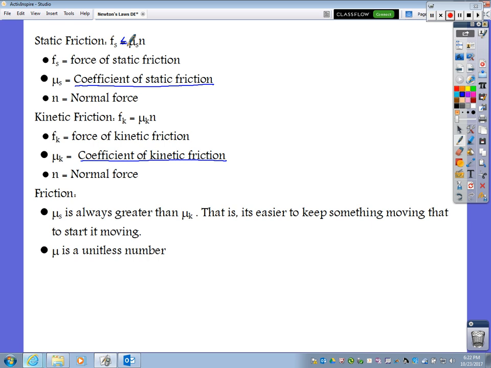For example, if I have an object, a block, resting on a table, it's going to have gravity and normal force. If I push on it with 1 Newton, and friction is preventing it from moving, this would be static friction, it's not moving, then the pushing force and the static friction are the same.